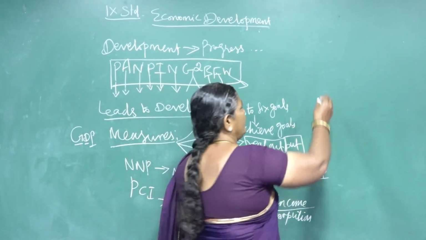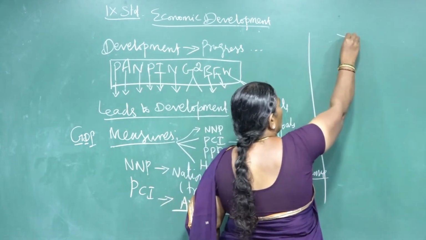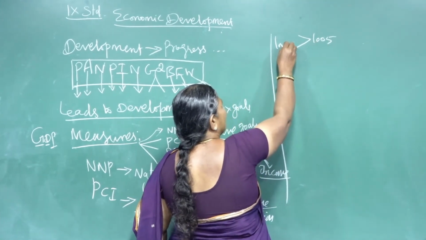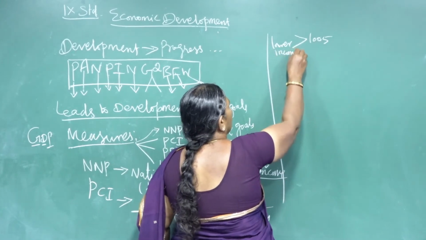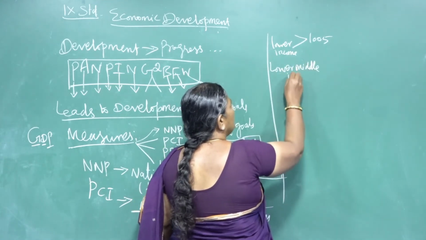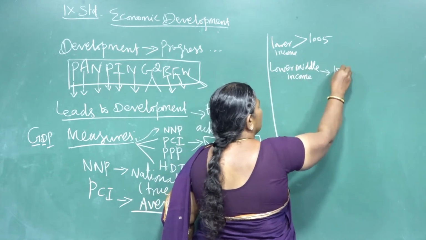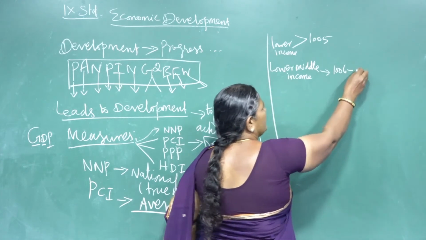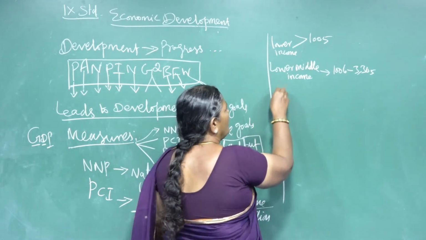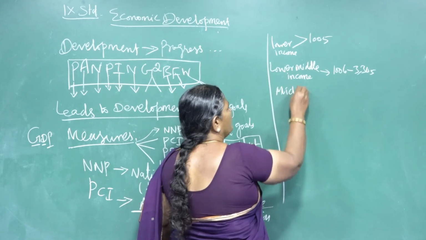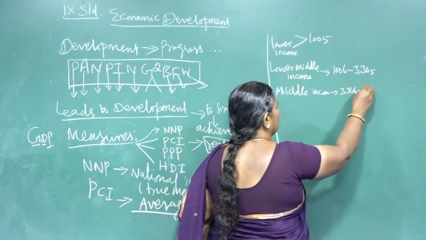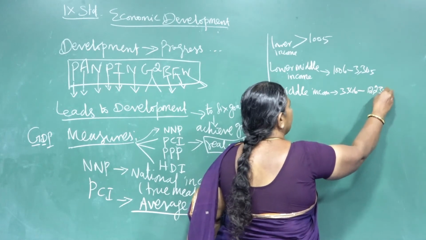For estimation, lower income is less than 1,005. Second one, lower middle income, is 1,006 to 3,345. Then middle income starts from 3,346 to 12,235.